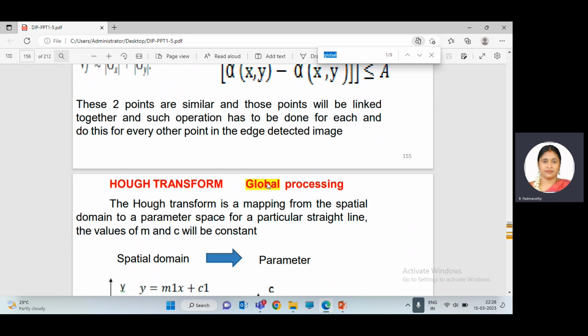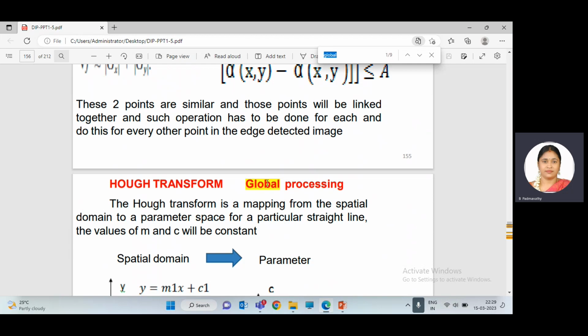Thus edge detection algorithms are typically followed by linking procedures to assemble edge pixels into meaningful edges. So whatever pixels we are getting in an unusual way, we are able to get in a meaningful way. The edge linking process is a process of combining all the edges to form a meaningful shape or boundary. So this process is called edge linking.